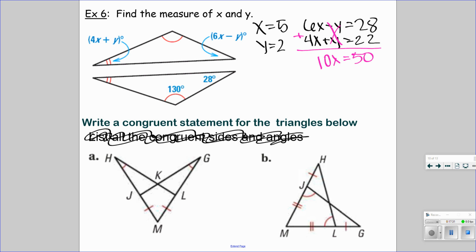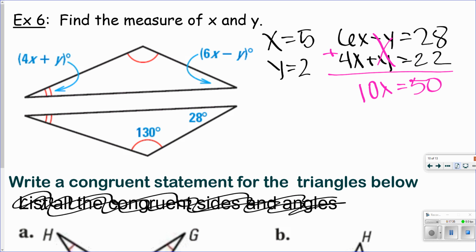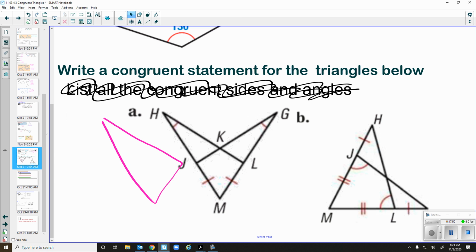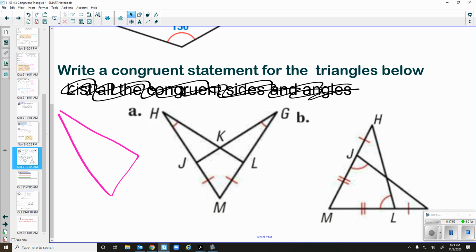So if I write it as, something that is helpful if you are not comfortable with them layering. So it's this triangle, and then the other triangle is this one.